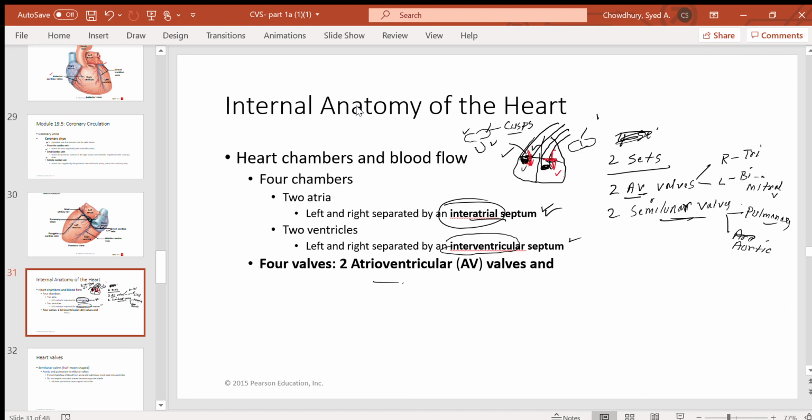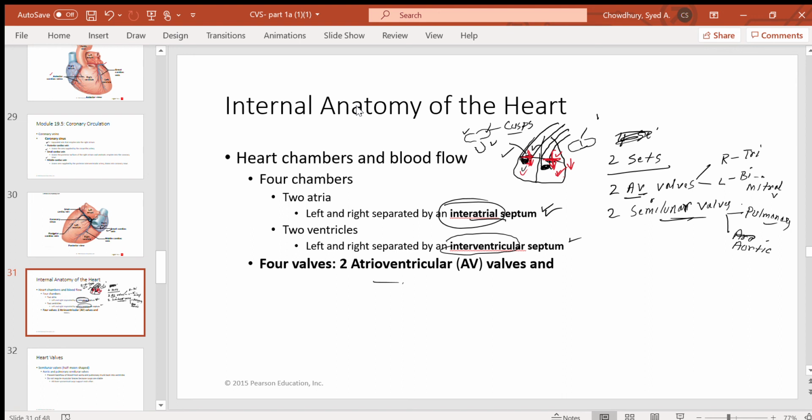So blood will not be able to go back to the atrium again. It should not, right? It should get out from the ventricle. So when the ventricle contracts, the AV valves will get closed. When atrium contracts, the AV valve gets opened to let the blood move downwards. So AV valves remain open downwards.